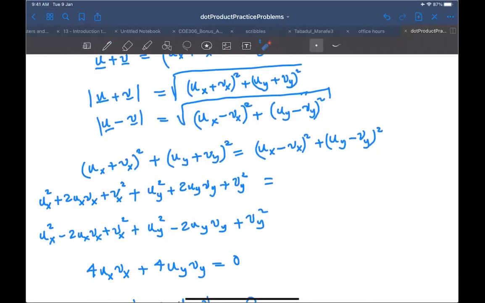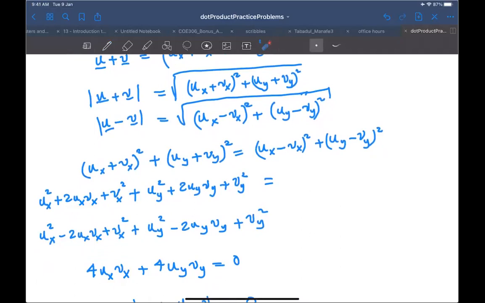these quantities: 2Ux Vx on the left hand side, and on the right hand side we have minus 2Ux Vx. So if we put it on one side, we get 4 Ux Vx, and similarly we get 4 Uy Vy, and this equals 0.